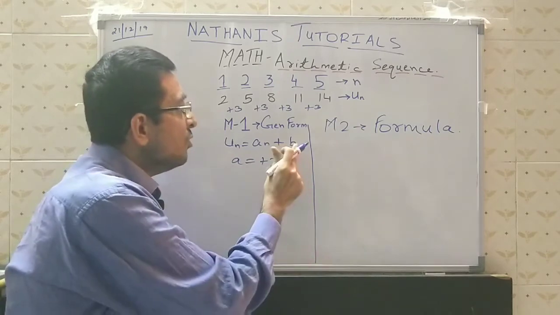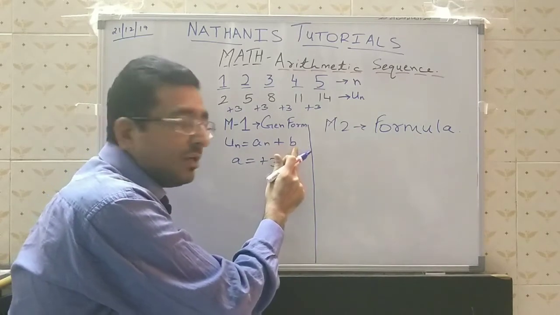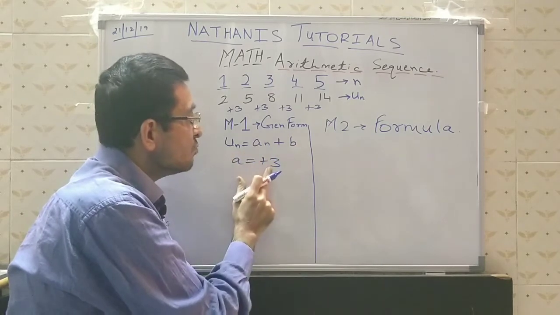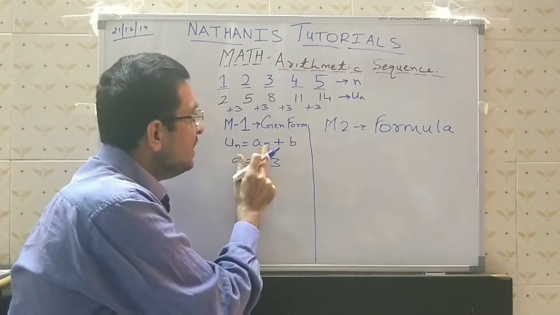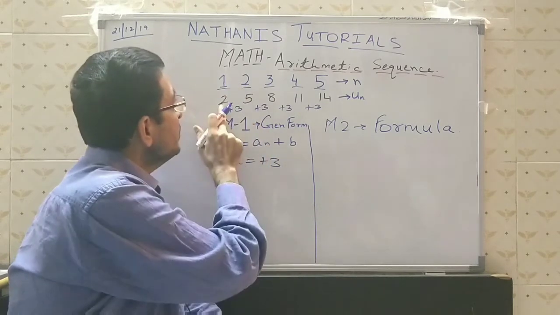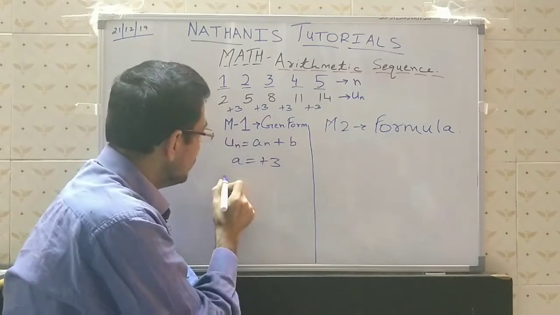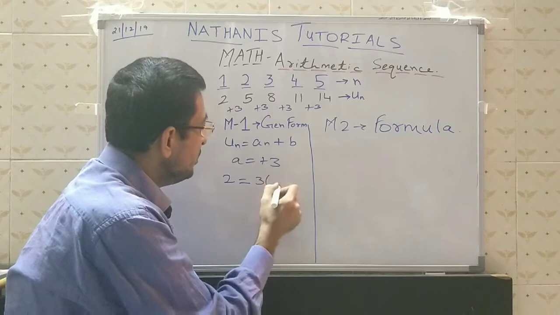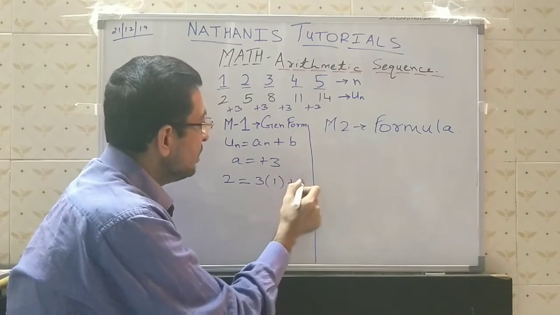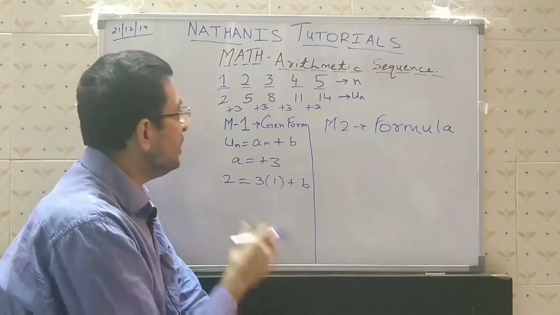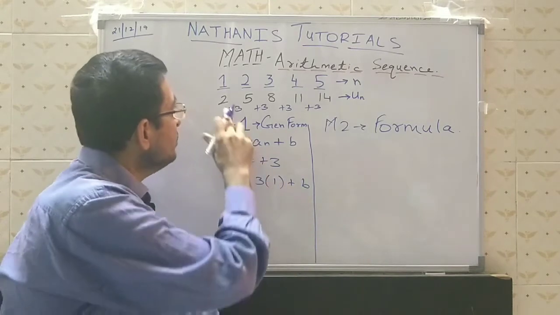Now if I want to find out the value of B, I'll substitute the value of A as positive 3. I'll take n as 1 and I'll take Un as 2. So let's do that. 2 is equal to 3 into 1 plus B. Let me just explain again how I got this equation.